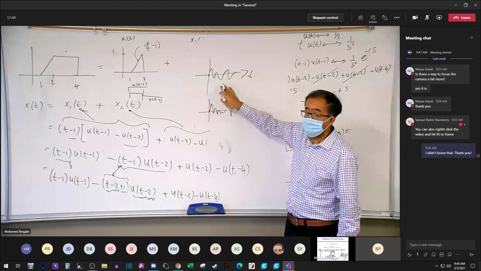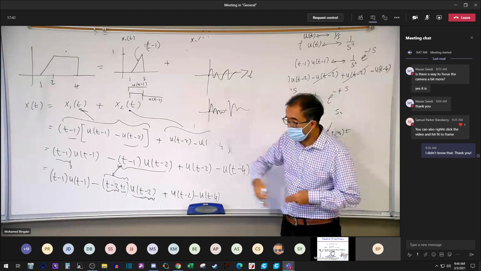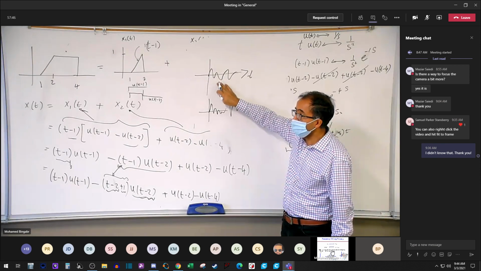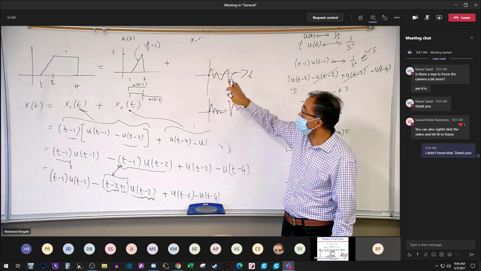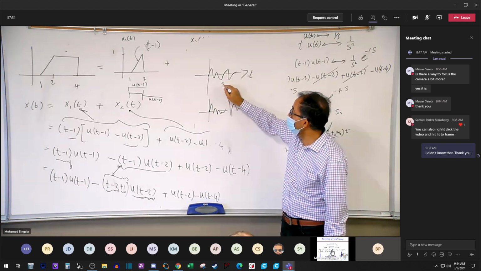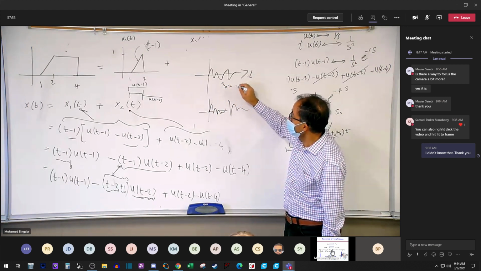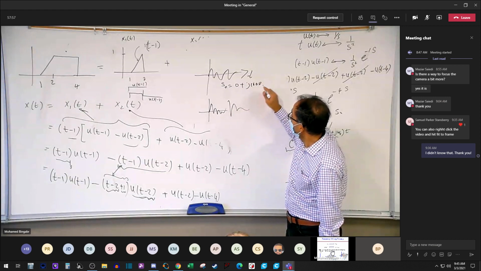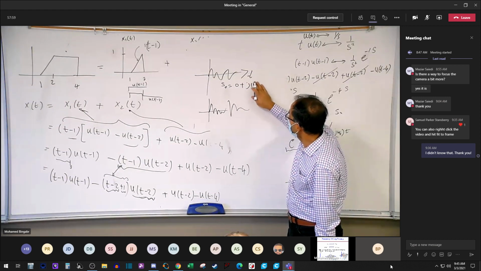But before I add them up and send them on the coaxial cable, I modulate this, or multiply by e^(s0 t), where s0 could be sigma 0 plus j 1000. Actually, they use like 1 million.